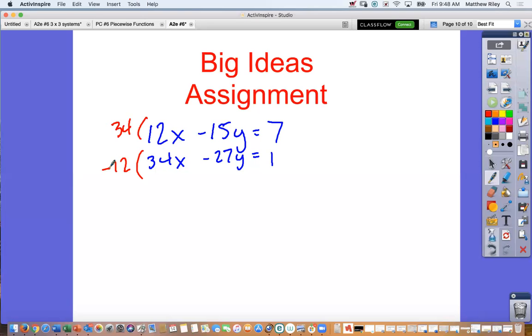Now, we picked such ugly numbers. I'm actually going to use my calculator real quick and do 34 times 12, which is 408, minus 34 times 15 equals 7 times 34. Oh, sorry.